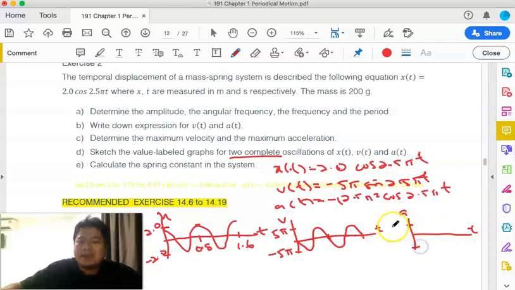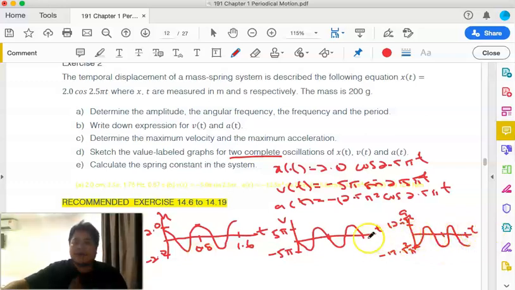Next for acceleration, this is 12.5 pi squared. This is not enough space for me to write it down, but let's look at the shape. This is cos, so cos here, and you have one cycle and two cycles.